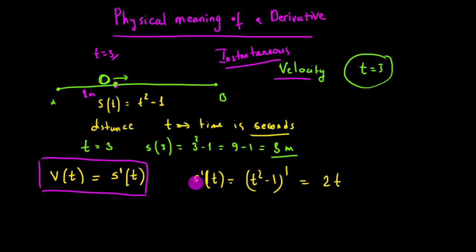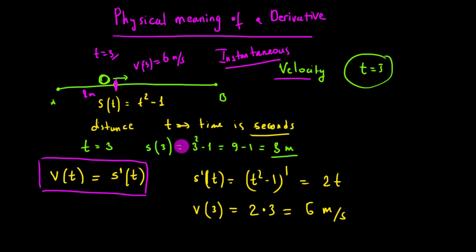So v(t) would be equal to 2t, and you put in 3: 2 times 3, so it will be 6 meters per second. The instantaneous velocity at time 3 is 6 meters per second.